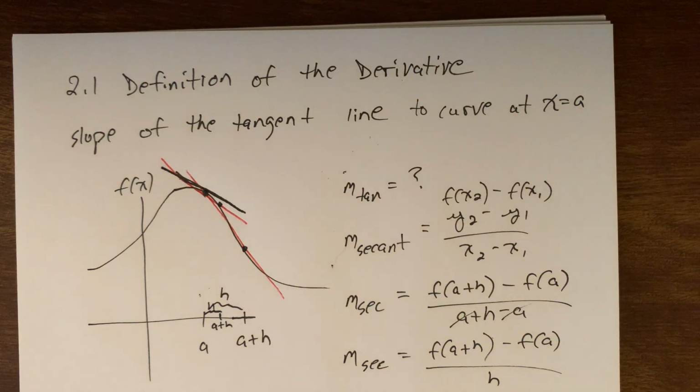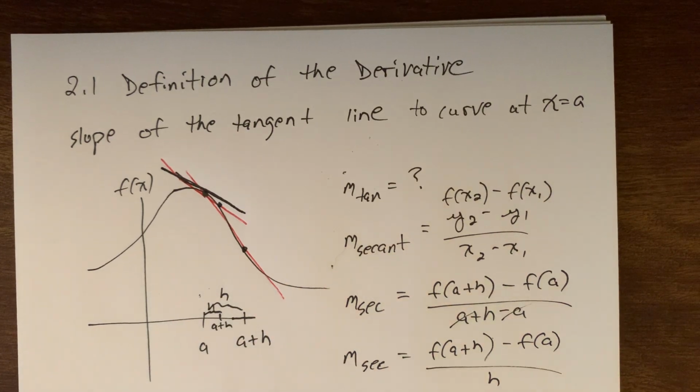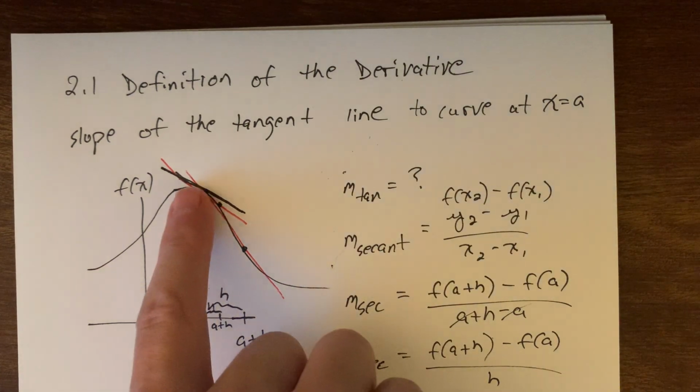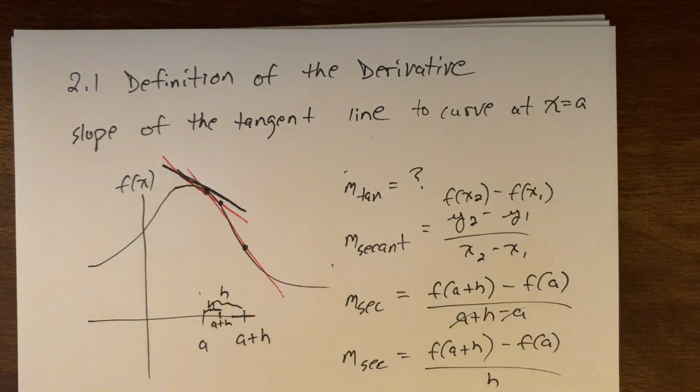And how does this get better? This will continually get better the closer we pick our second point, so the smaller the value of h that we allow. Now I'm drawing all my h's to the right, with h being positive. This would work if h was negative and I could have my second points over here, but I'll just keep working on the right side.